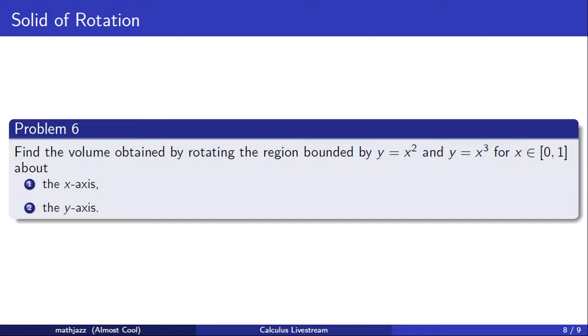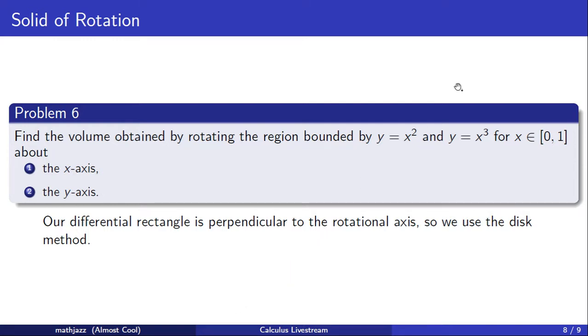The direction that you are rotating actually does matter in determining how much volume the solid has. The first problem is we're going to find the volume obtained by rotating this region about the x-axis.